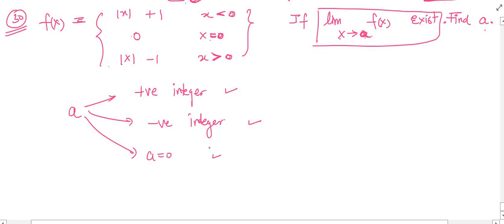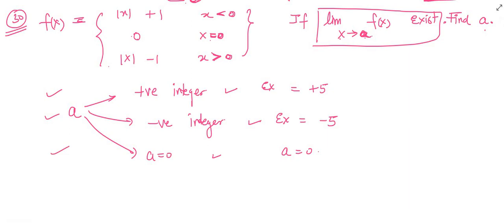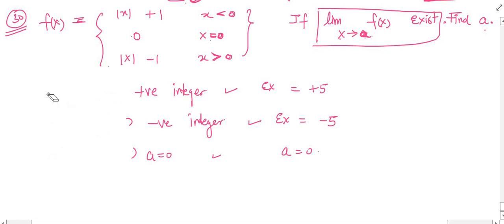But we will try on these 3 and see what is the possible value of a for which the limit will exist. Any positive integer we can take, for example plus 5. Negative integer, for example minus 5. And a is 0 in the third case. So we will check the limit on all three cases. Fine. That's how we will start checking.